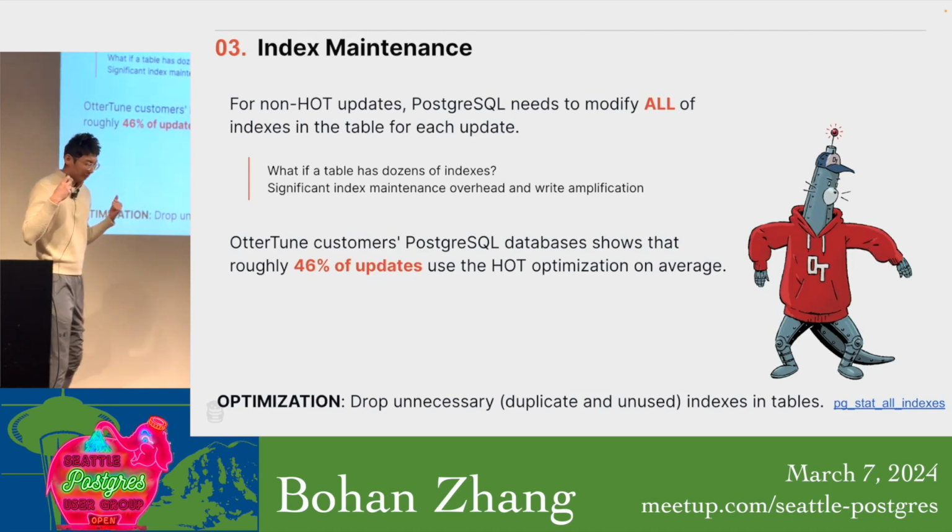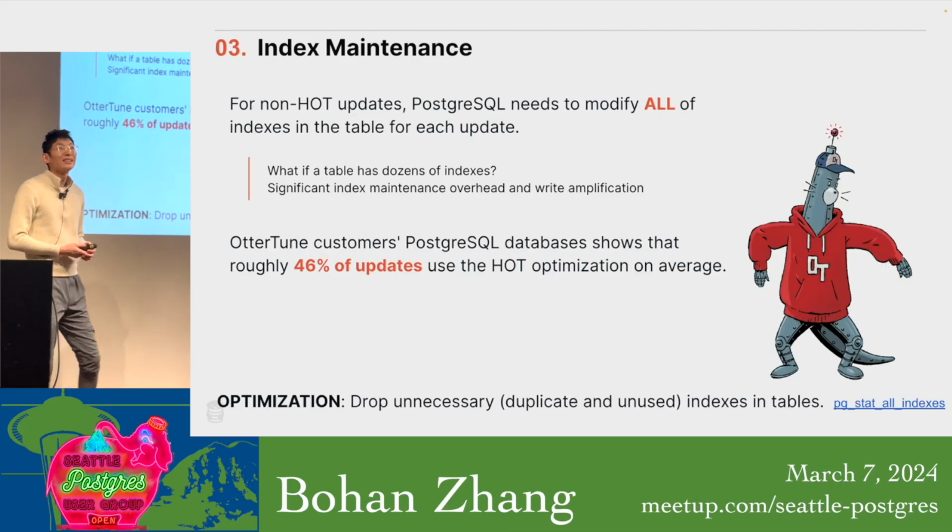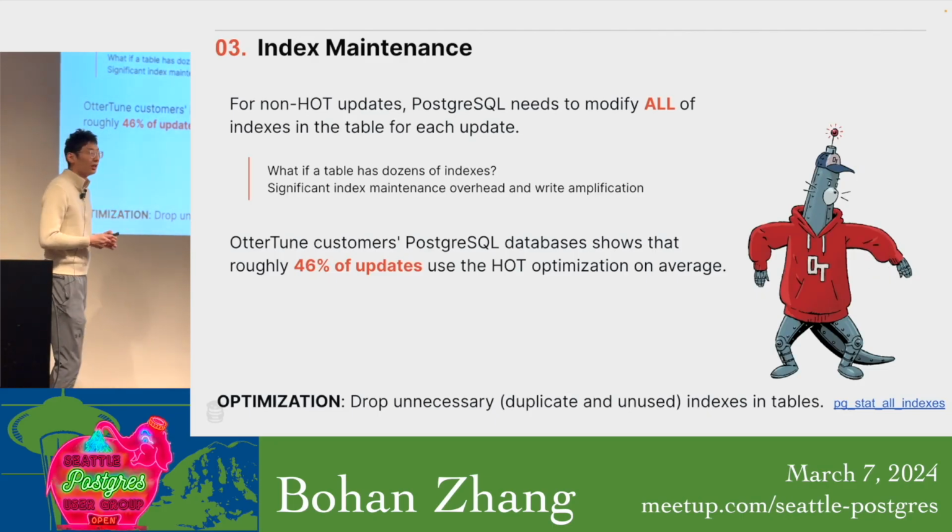So this means we need to carefully design our indexes. We need to remove the unnecessary indexes. The more indexes you have, the more overhead you have during updates. So we should drop duplicated and unused indexes. We should also be careful when adding an index.